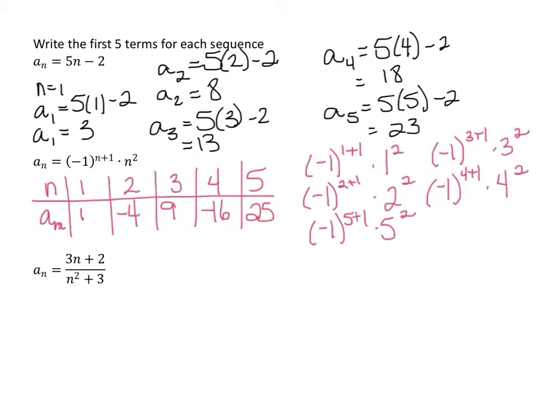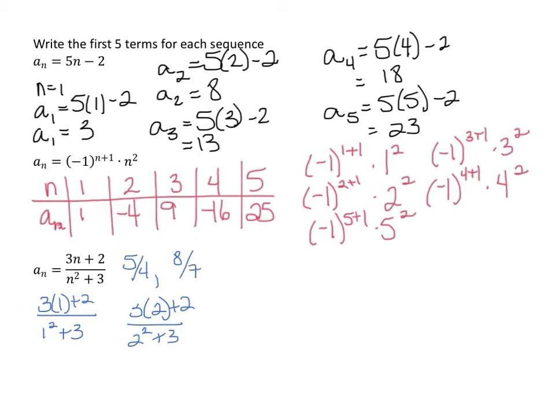Taking a look at the last one, if n is 1, 3 times 1 plus 2 over 1 squared plus 3, so that's 5/4. And actually what I'll do is I'll just write it here. The next one, 3 times 2 plus 2 over 2 squared plus 3. So that's 8/7. 3 times 3 plus 2 over 3 squared plus 3.